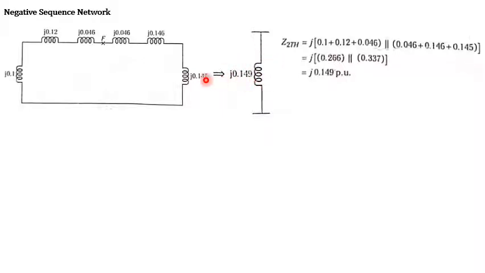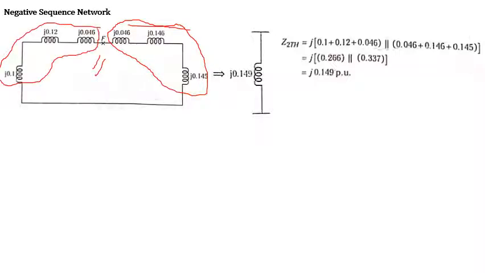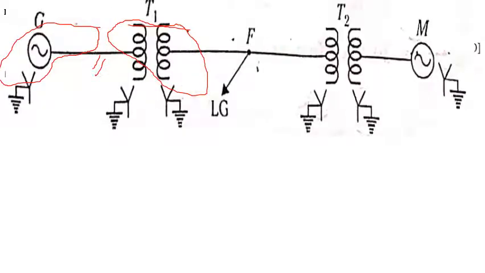Adding up till here, these values are connected in series, and again these values are connected in series, making the parallel with respect to this point. Making this we will get Z2 Thevenin. Z2 is nothing but the negative sequence impedance, we will get 0.149 per unit.